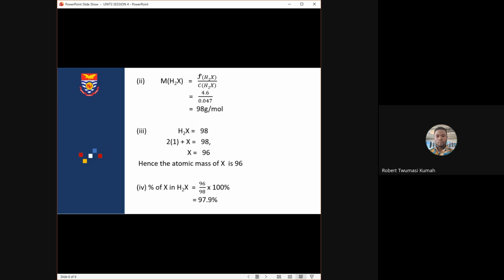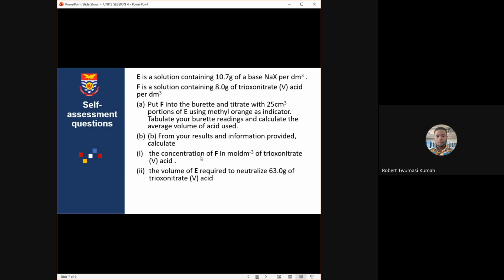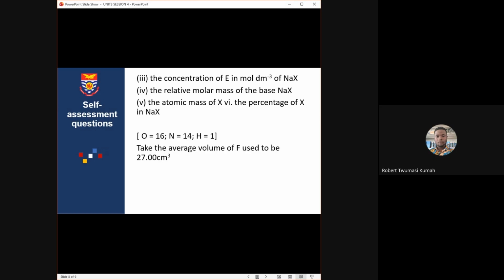Okay. We still have some time, and I would want us to proceed to look at the next session, which has got to do with solubility. Before we proceed, what would you say about solubility?